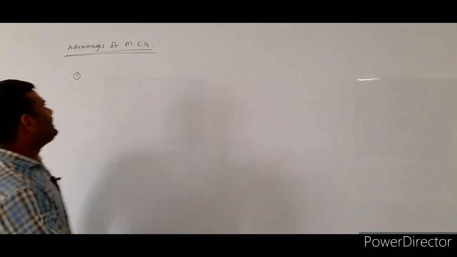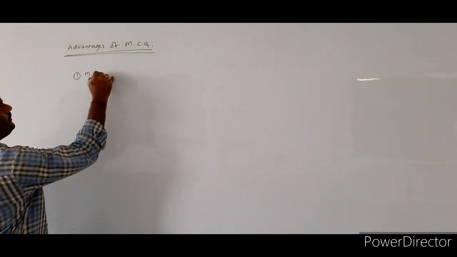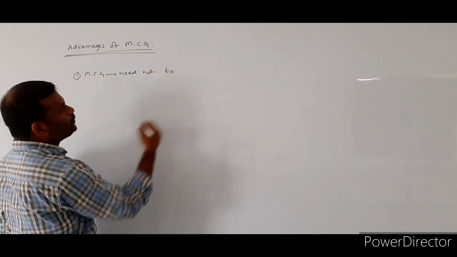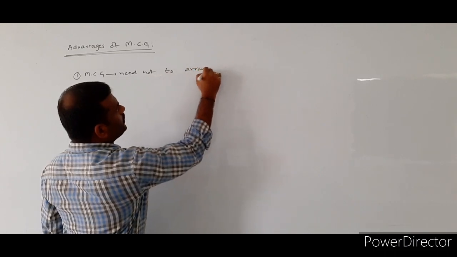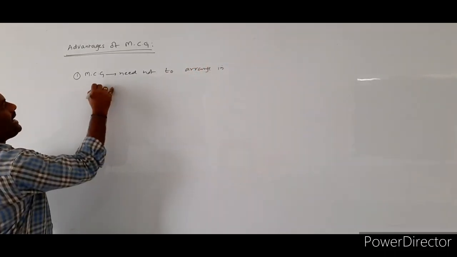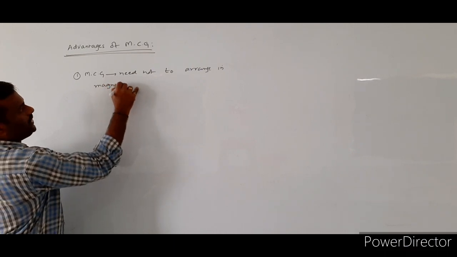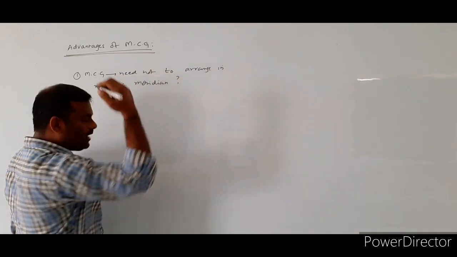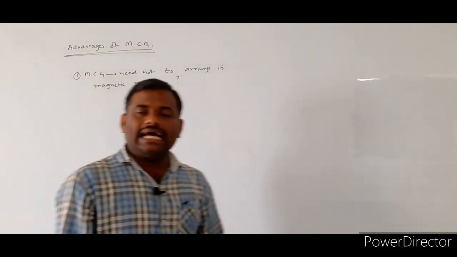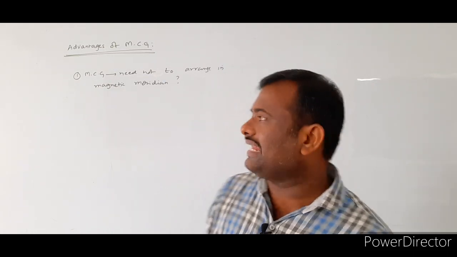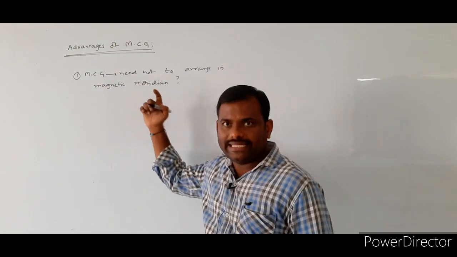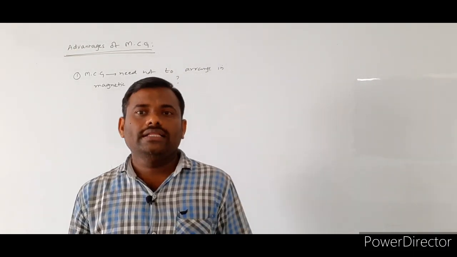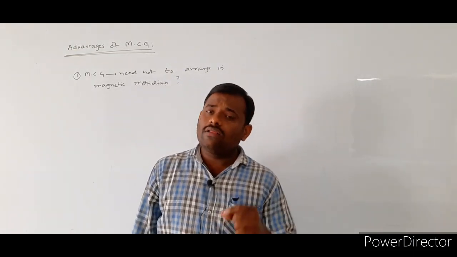So what is the first point? The moving coil galvanometer need not be arranged in the magnetic meridian. Why? Generally, the earth's magnetism is very small. The magnetic field intensity of the earth is very small.